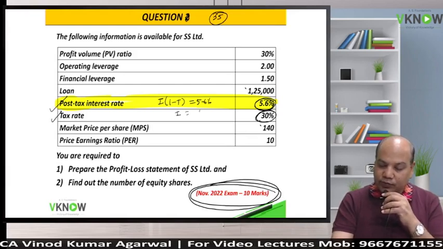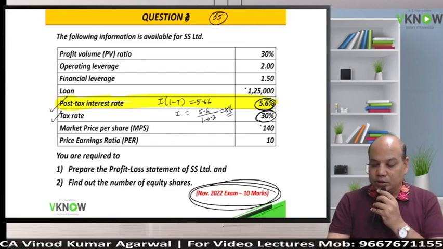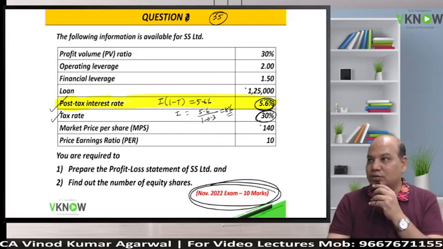So interest will be 5.6 divided by 1 minus 0.3. Is it 8%? 8% is the actual interest rate. After deducting the tax shield, you get 5.6%.